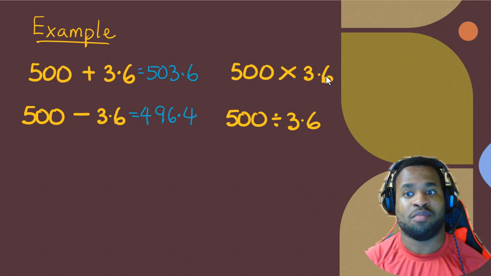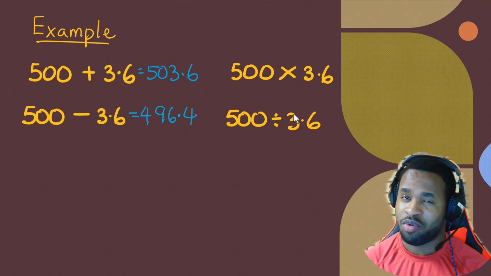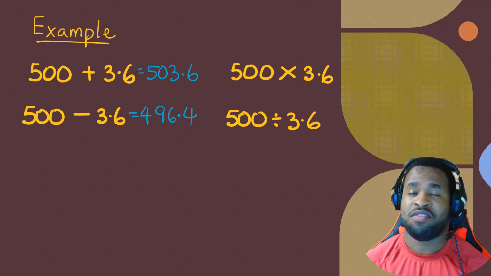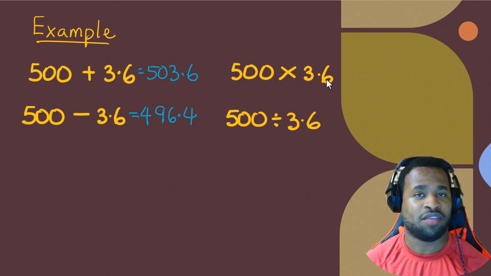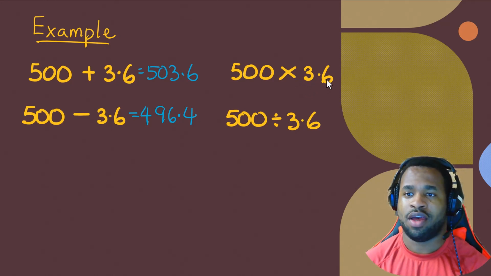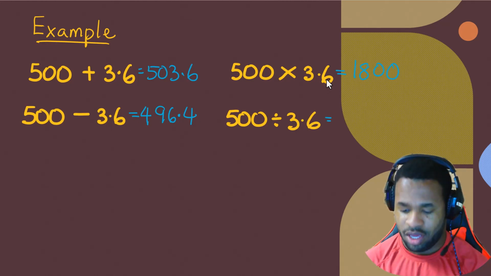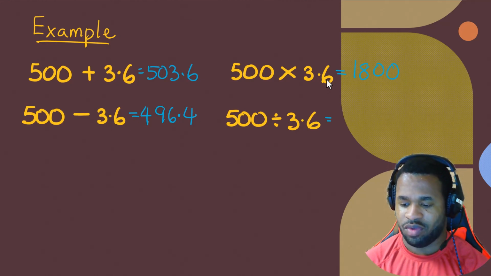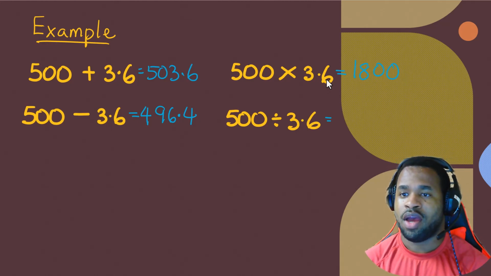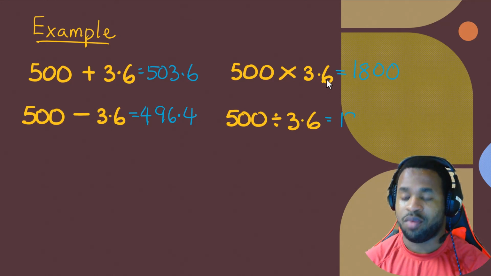Now, in terms of multiplication and division, the same rule applies. However, we express this based on the accuracy, which means we're going to be looking at two significant digits as our answer, and this is equal to 1800 for the multiplication. And for division, in this case 500 divided by 3.6, when you hit your answer, it gives you around 138.888.